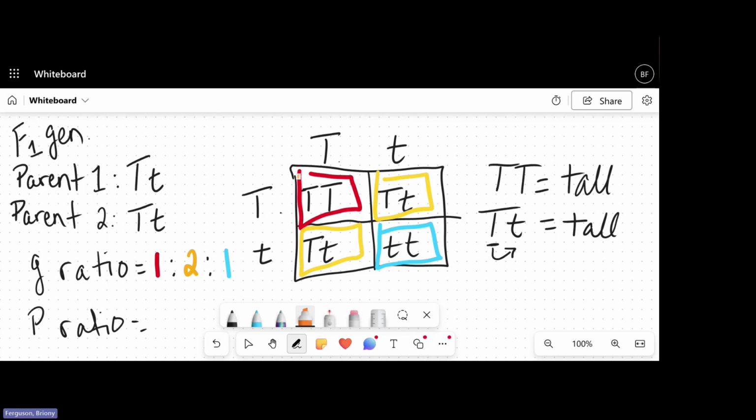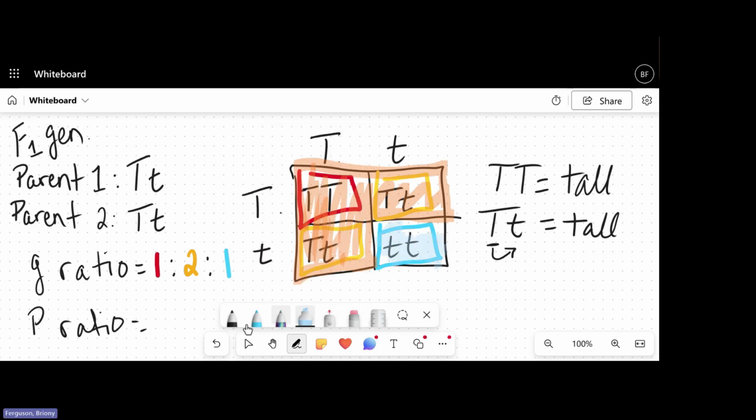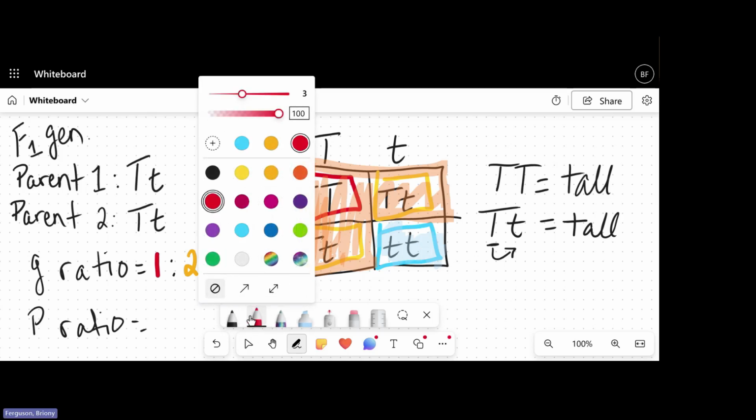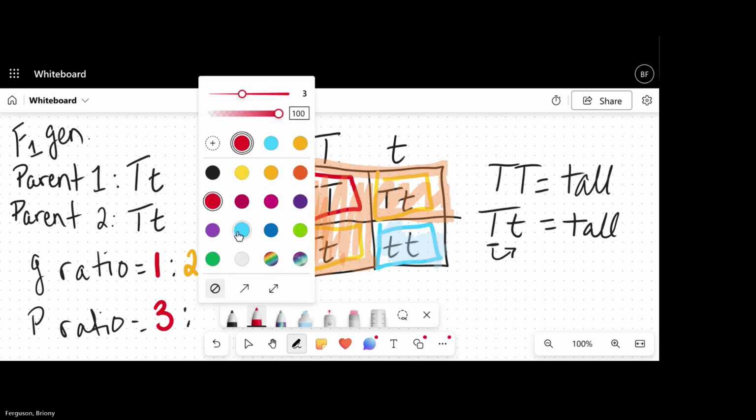So we need to lump these together for our phenotypic ratio. And then we just have this one little lone homozygous recessive. And this is going to give us a P ratio of 3 to 1.